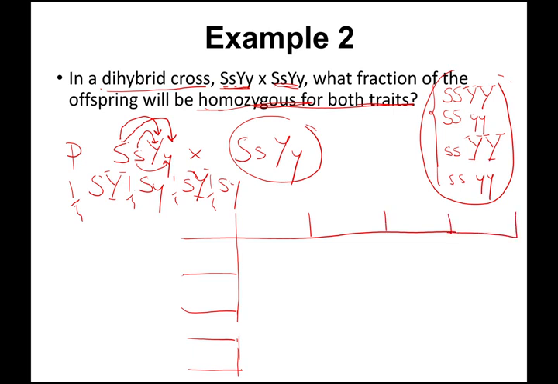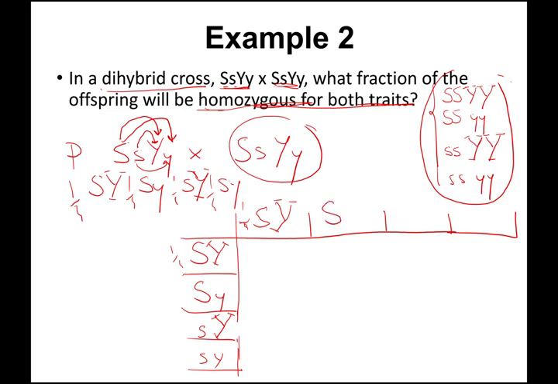So you have capital S capital Y here, capital S small y, small s capital Y here, and small s small y here. And I'll try to make it clear what is capital and what is not. Same thing on the other parent, they're genetically identical. Now we know that each one of them is 1/4. I won't write it for all of them, but we know that each product will be 1/16 in the end.